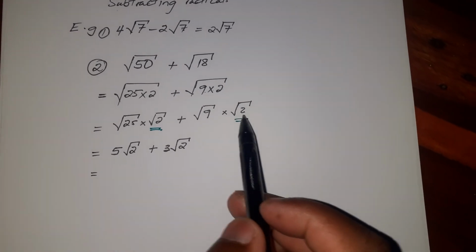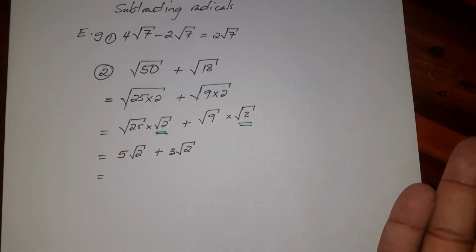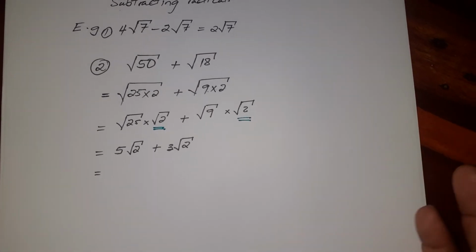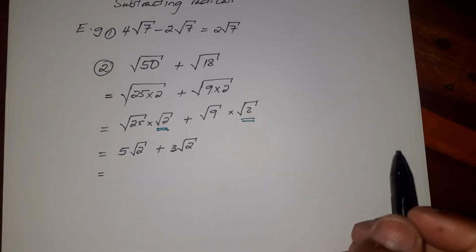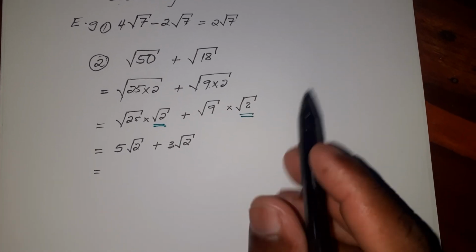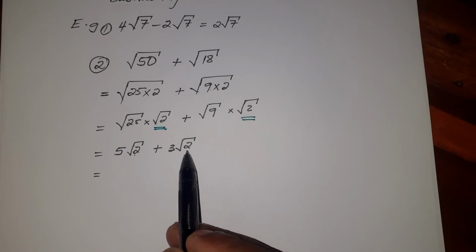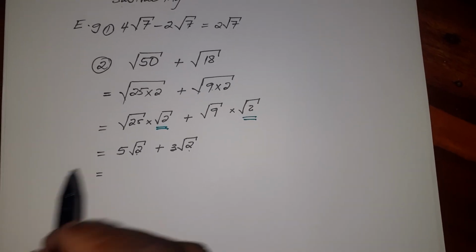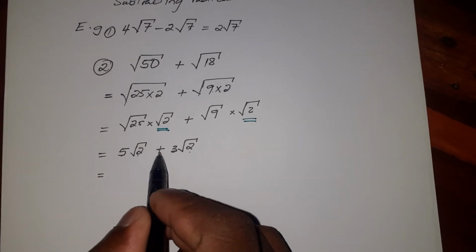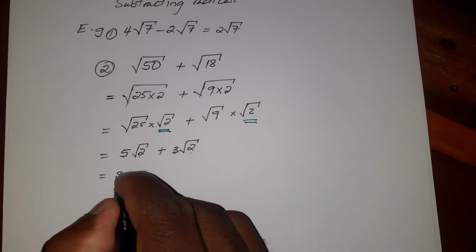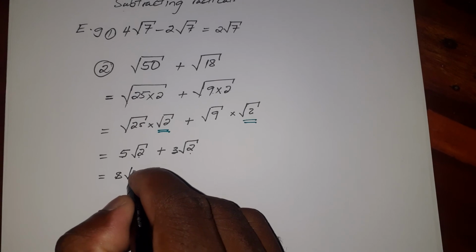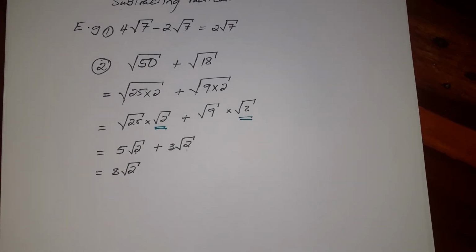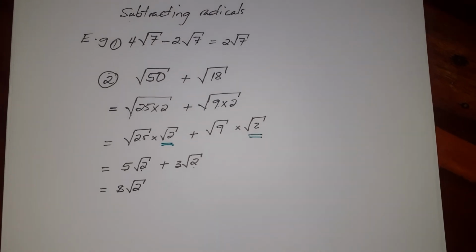We know that the square root of 2, if you write it as a decimal, is 1.4 something, but we are not working with decimals. We just want to work with the square root, which are radicals. Now that we have square root of 2 here, we have square root of 2 there, we can now add them. So we now take 5 plus 3 to get 8, and then we write square root of 2, and then we are done.